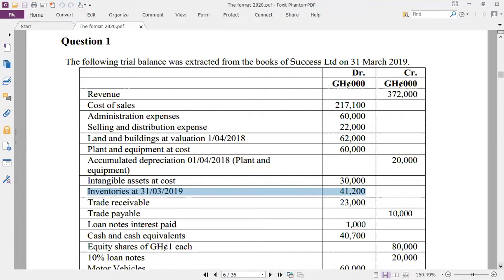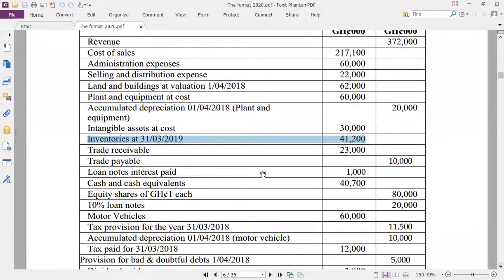Receivable, current assets. So we'll go to current assets. Then trade payable. That's payable. Current what? Liability. Good. Then loan note interest. How will it go? Loan note interest paid.